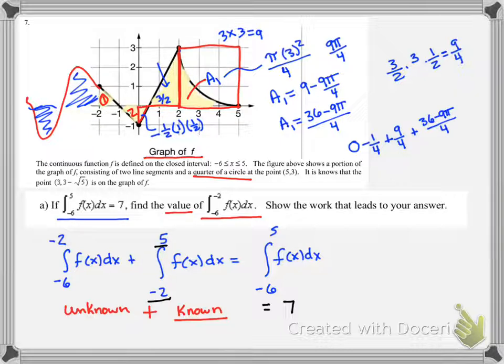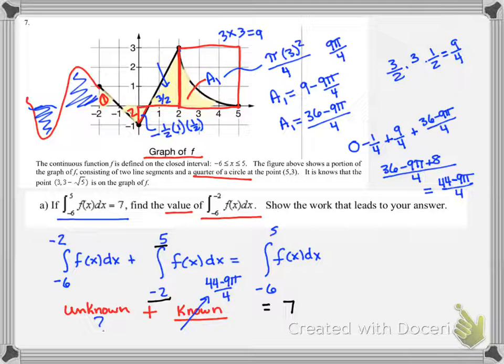Or 36 minus 9 pi, -1 and 9 make 8, all over 4. 36 plus 8 will be 44 minus 9 pi, all over 4. So that is now this known piece. This known piece is 44 minus 9 pi over 4.